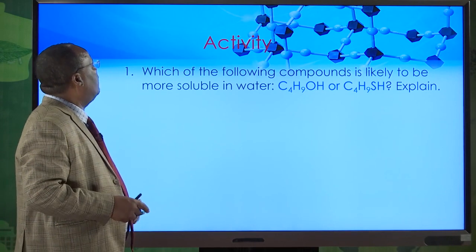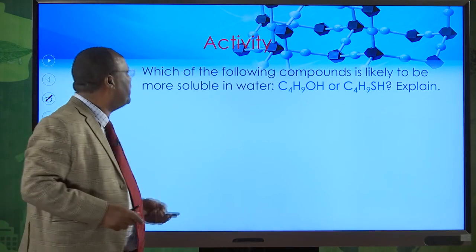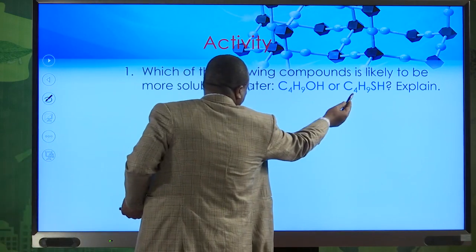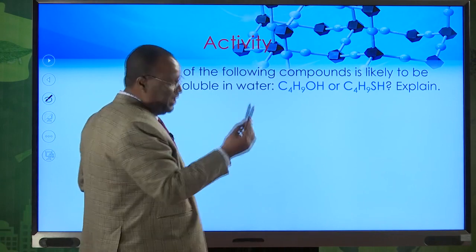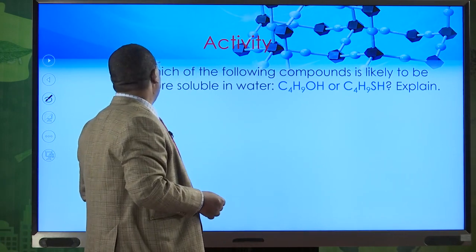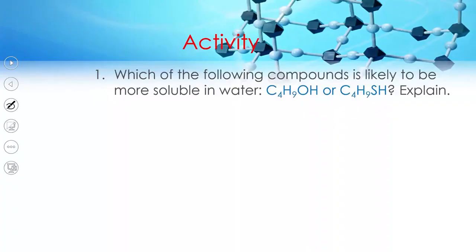Which of the following compounds is likely to be more soluble in water? Compare the two molecules. Which of these molecules is likely to be more soluble in water? What kind of intermolecular force exists between the water molecules and these molecules when they are dissolved in water?